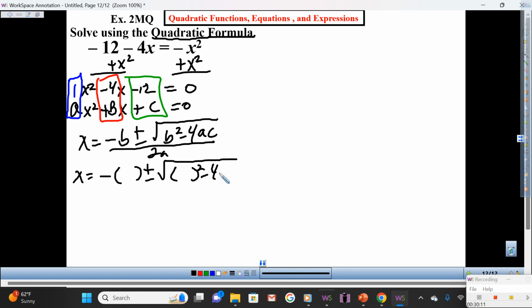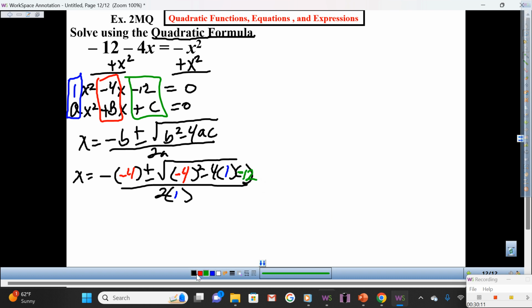Okay. So what do I substitute in there? And negative 12.